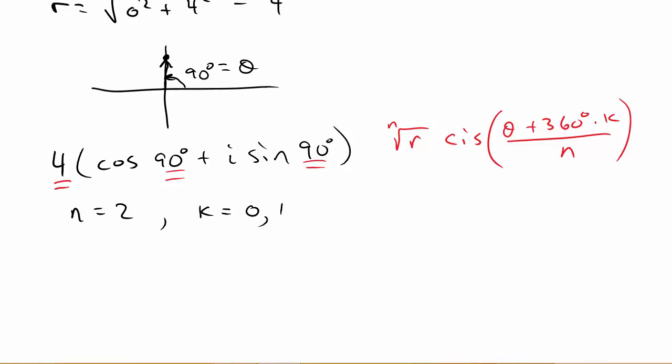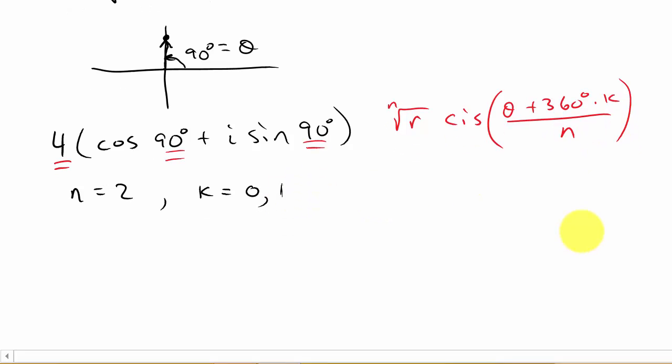All right, now we've got everything. So now all we have to do is evaluate this for k equals 0 and evaluate this for k equals 1.